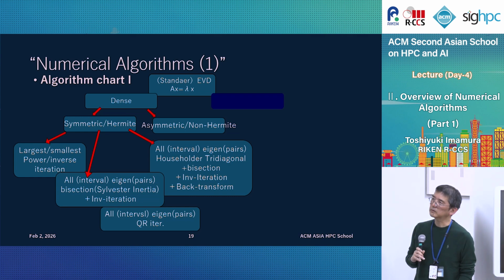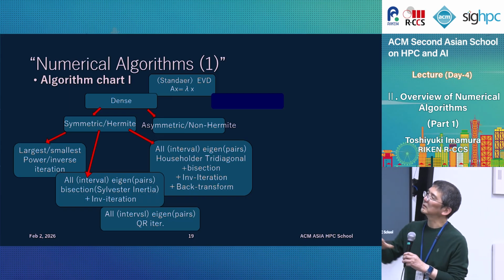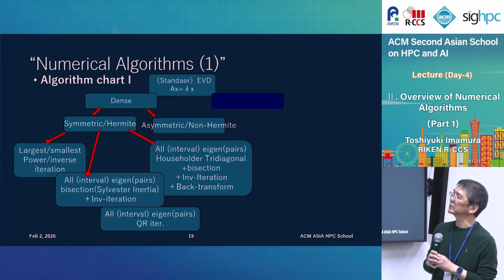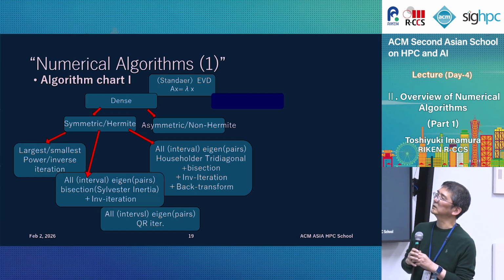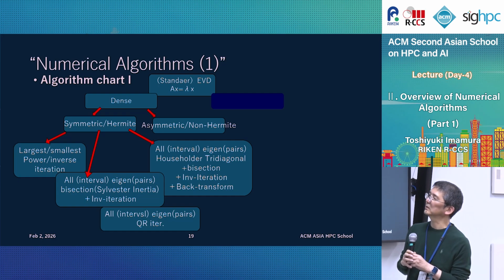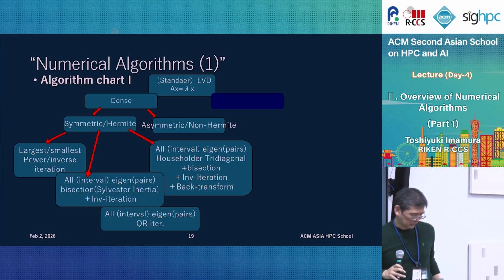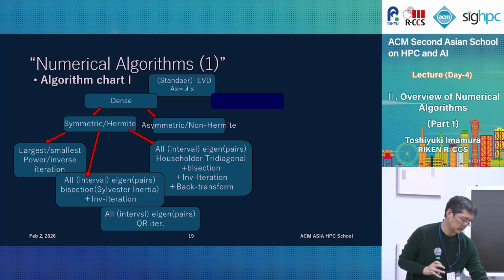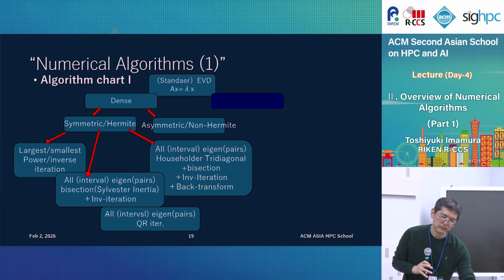So the parallel algorithm, like this combination, Householder tridiagonalization and the bisection and inverse iteration, are also used in modern numerical libraries, like ScaLAPACK, ELPA, and my library EigenExa.